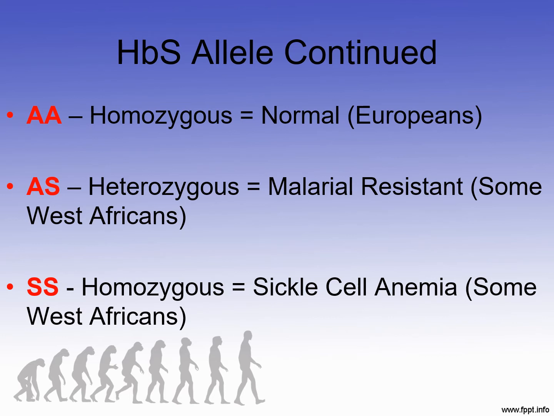But if you go into West Africa, pretty much the central band of Africa, there are high incidences of the malaria parasite, because there are a lot of mosquitoes that carry the parasite in those regions. So that's where we see this condition of the heterozygotes and the recessive homozygotes that have sickle cell anemia.